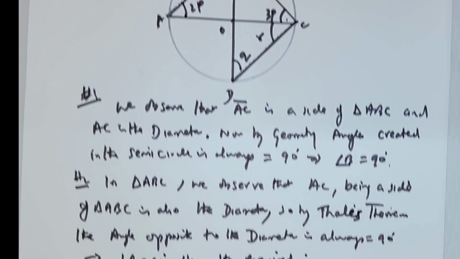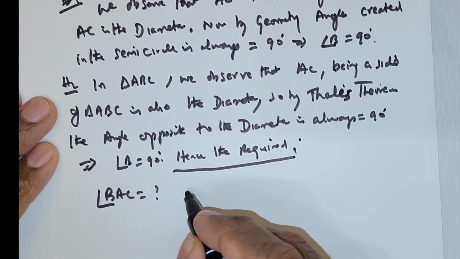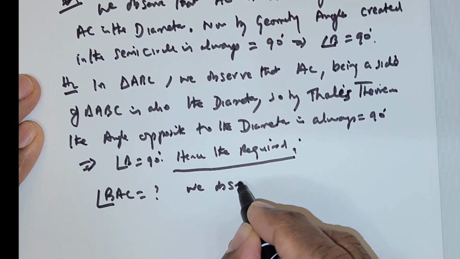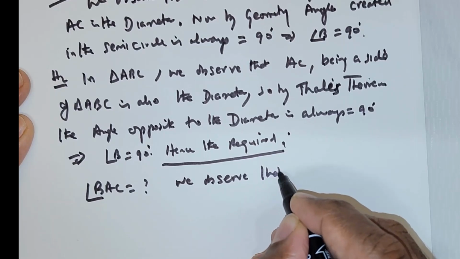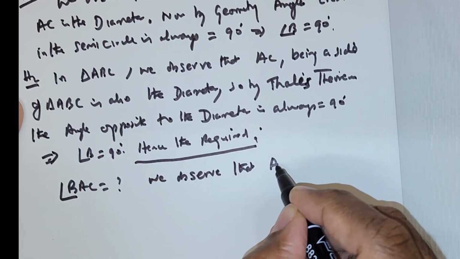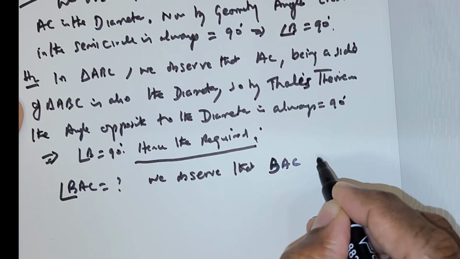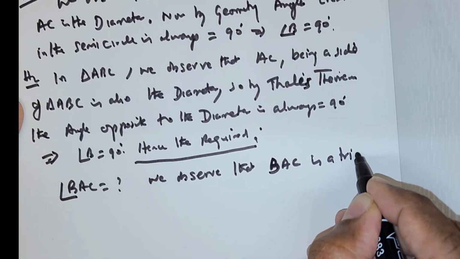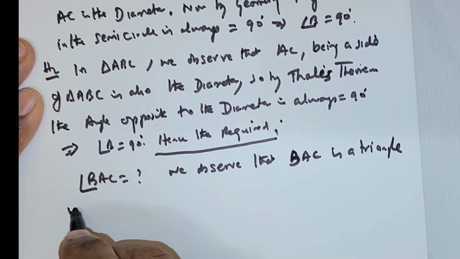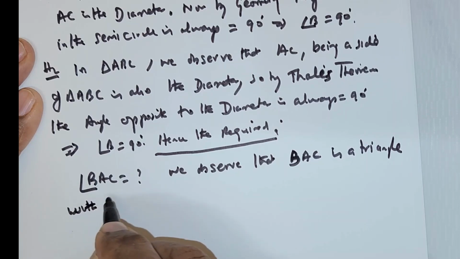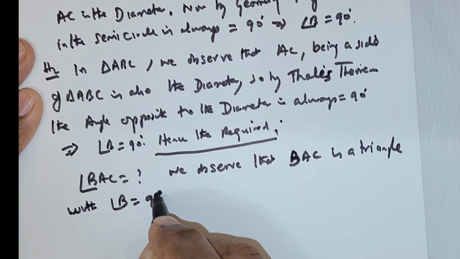So that's the concept I'm going to be using here. Okay, so we observe that BAC is a triangle with angle at B is equal to 90 degree.